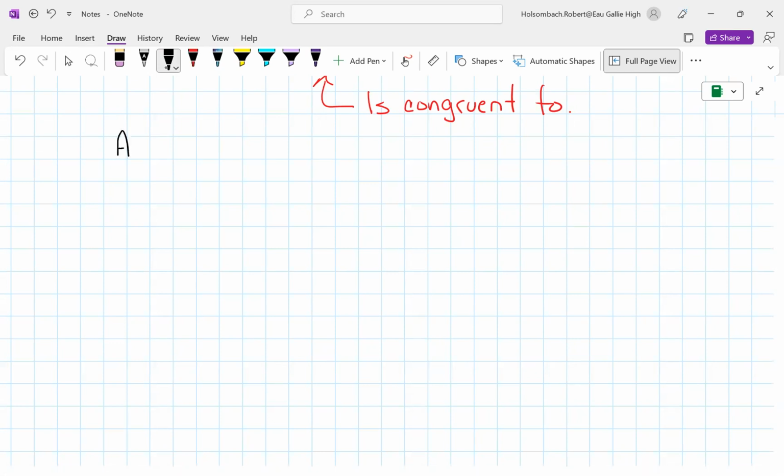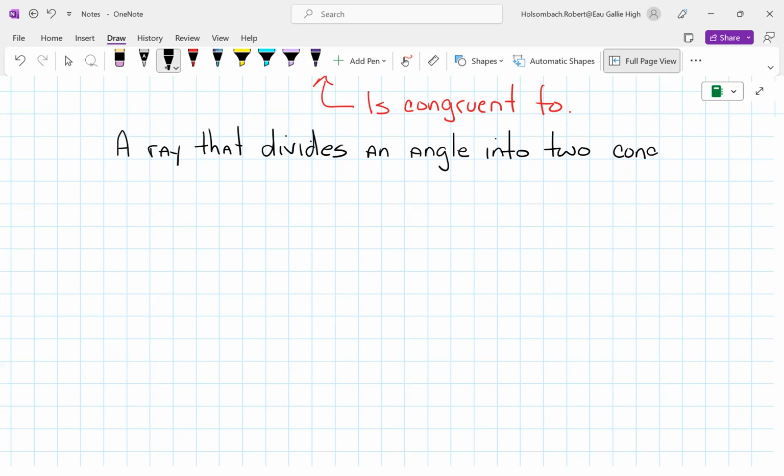We're going to say that a ray that divides an angle into two congruent angles is called an angle bisector.